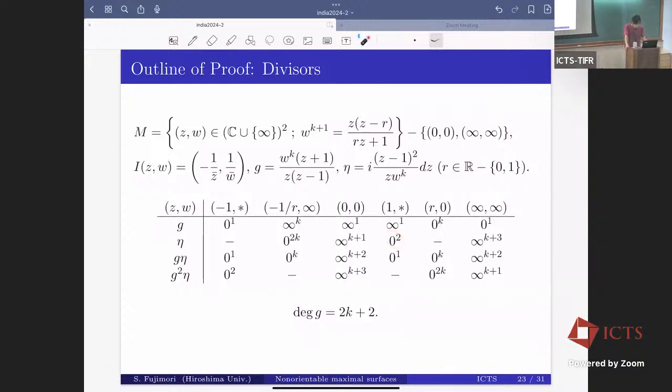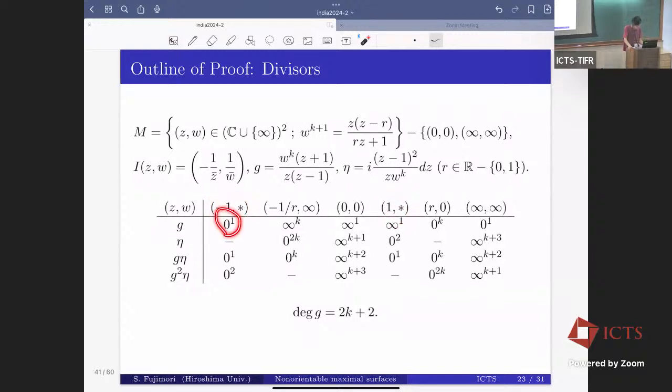Okay. So on this Riemann surface, these 4 points are branch points. But z equals minus 1 and z equals 1 are not branch points. So we have k plus 1 points here, k plus 1 points here.